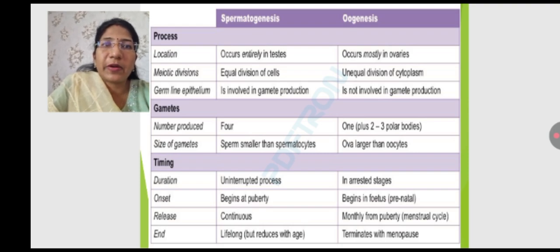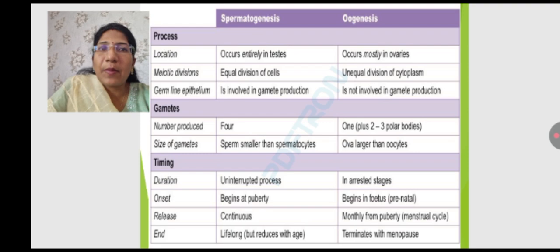In spermatogenesis, four gametes are produced, and in oogenesis one ovum plus two or three polar bodies are produced. Then the size of gametes: in spermatogenesis, sperms are smaller than the spermatocytes, and in oogenesis, the ovum is larger than the oocytes.